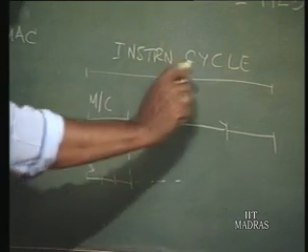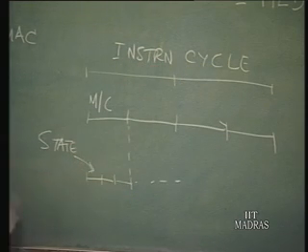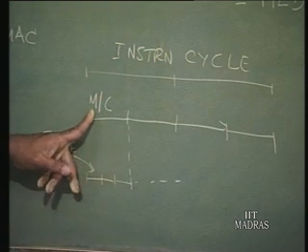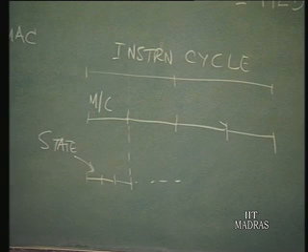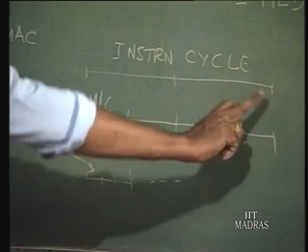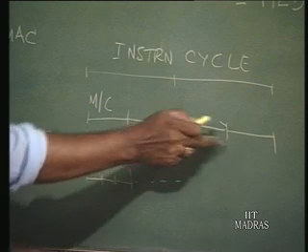We said an instruction cycle consists of, let us say, a fetch and an execute, and every time the CPU accesses the bus, there is a machine cycle. Now, the DMA request can come anytime during the instruction cycle, which means during any machine cycle.